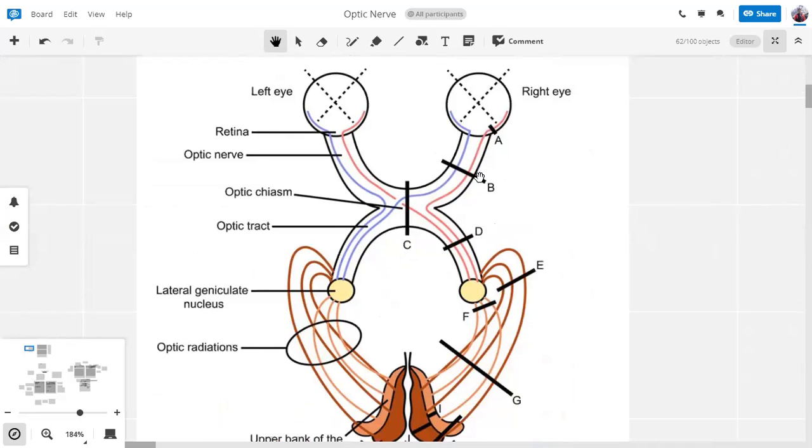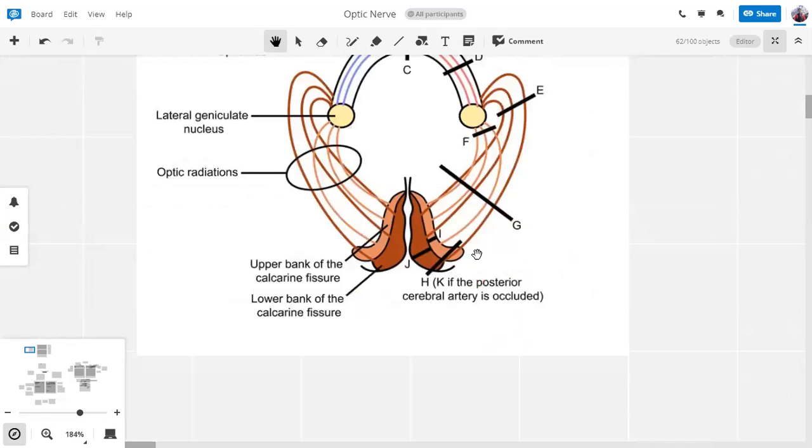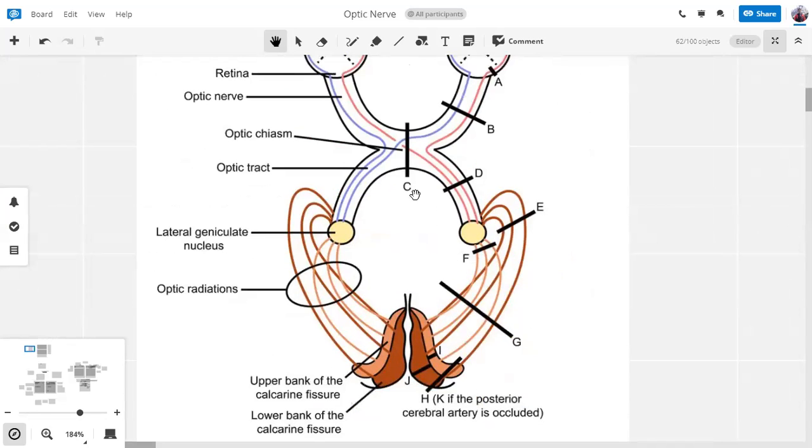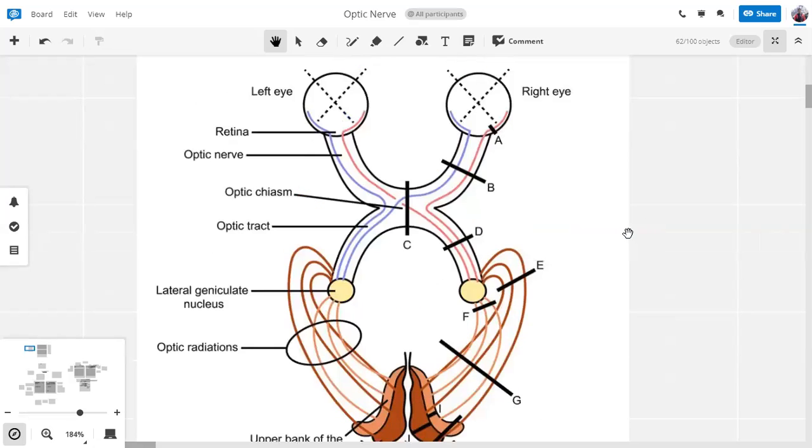So A, B, C, D, E, F, G, H, I, K all mark different places where lesions or disruptions can occur. Have a look at it, we'll discuss it again.